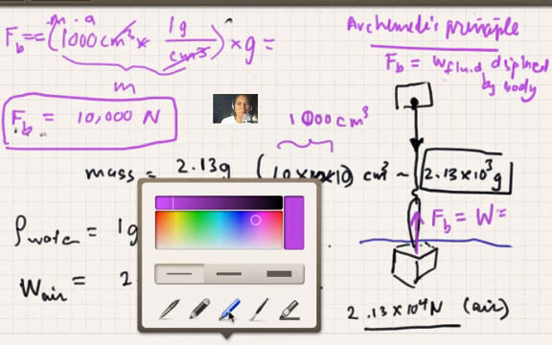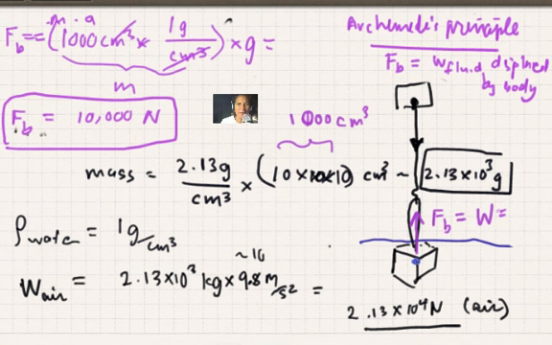We know the downward force is simply the weight of this object, equal to the weight in air. We figured that out as this number, 21,000 newtons. The upward force is equal to 10,000 newtons.